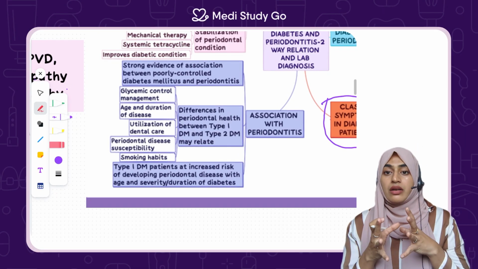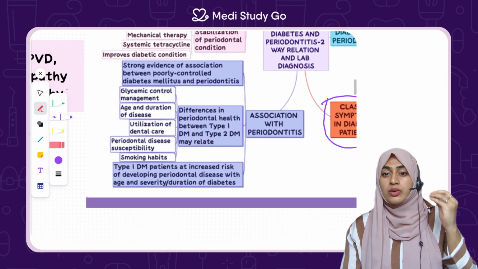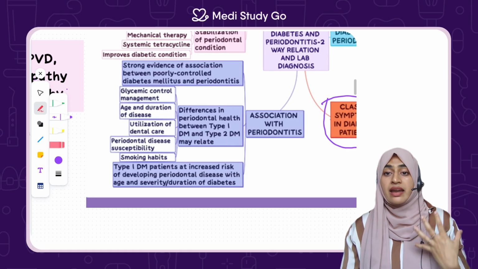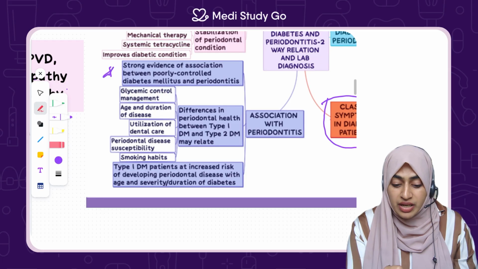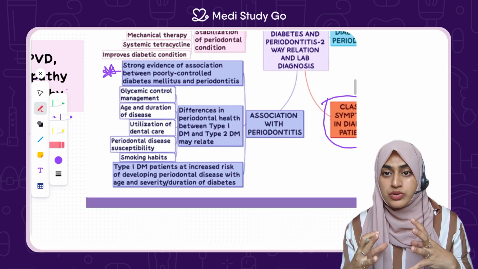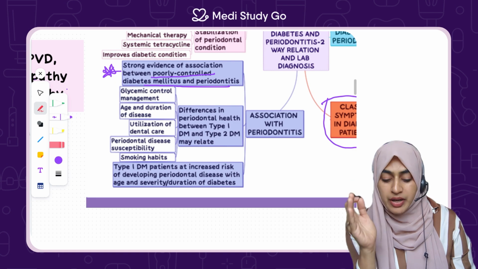Now, after a hell of a lot of research from all the universities across the world and individual researchers as well, there is definitely a strong association between poorly controlled diabetes mellitus and periodontitis.